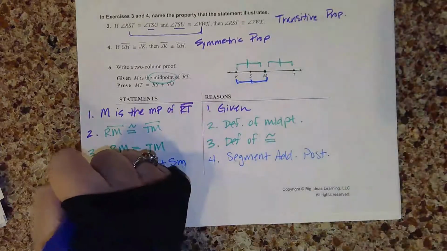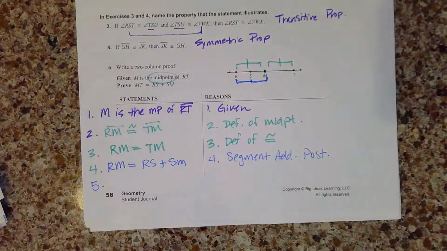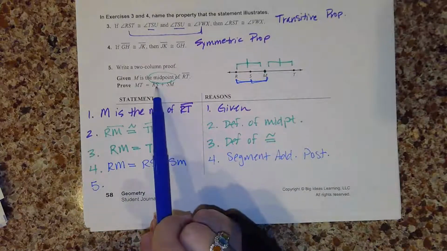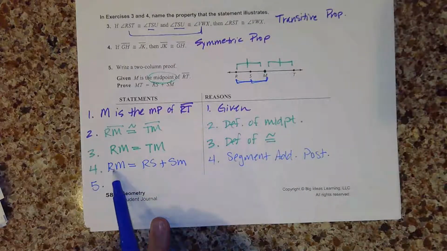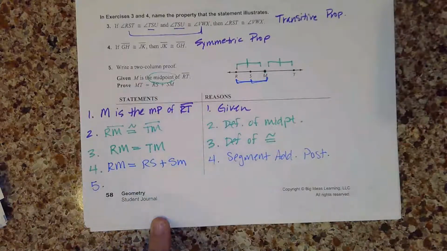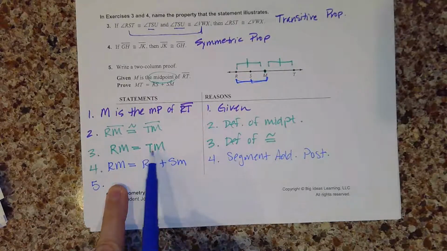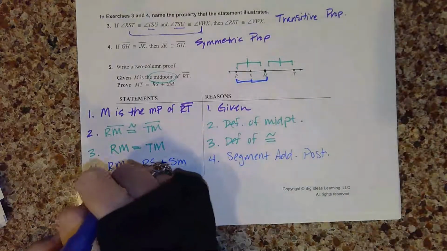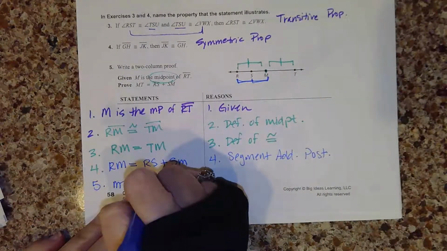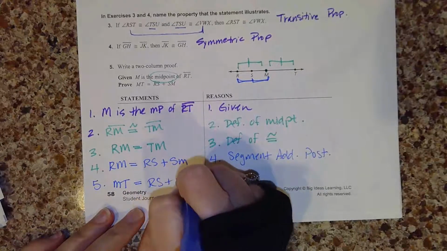All right, statement number 5. Do I have enough to end this? I've got RS and SM. I need to change out the RM with TM or MT. So how about we do it that way? Since RM is equal to TM, we can say these two things are equal.